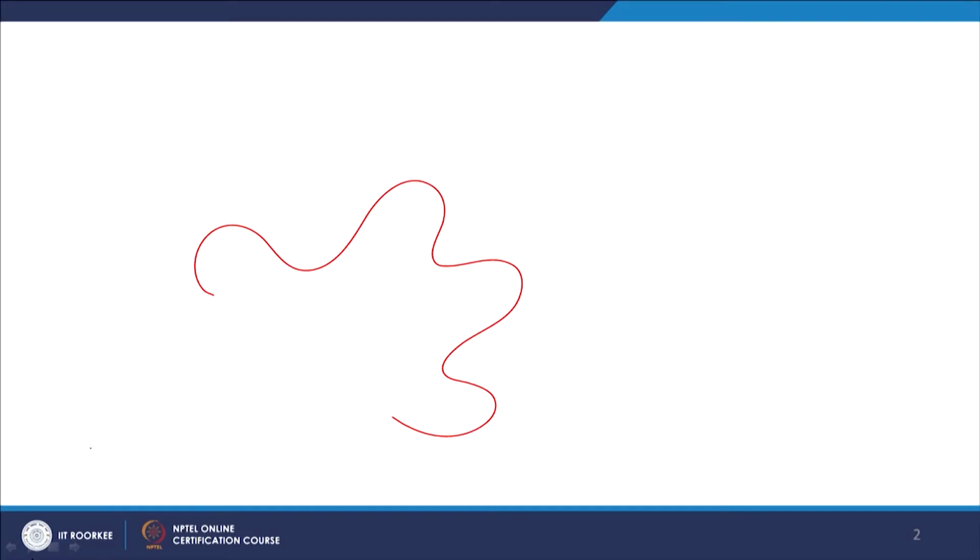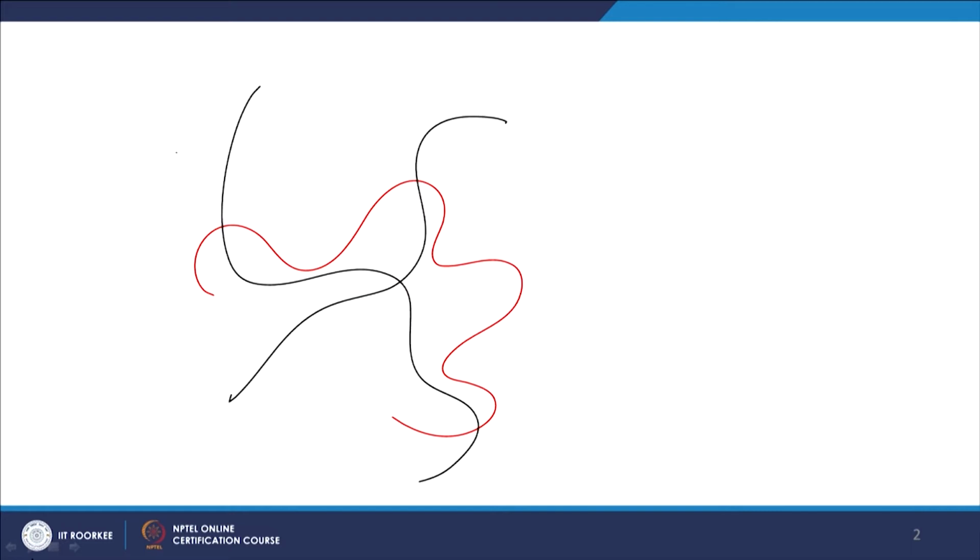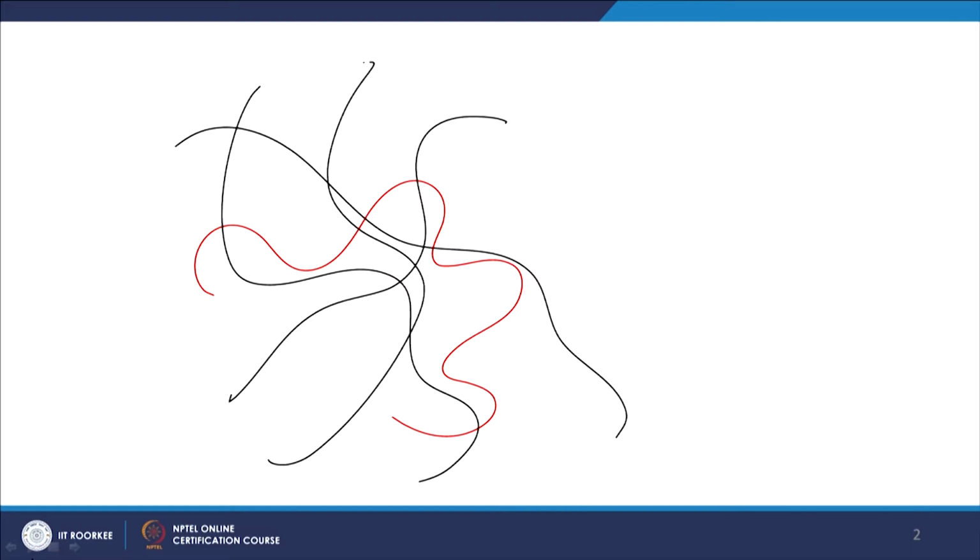In this case, let us say the red chain is my polymer that I want to move, which is in a solution of other polymer chains. We could have called each of these junctions a slip link or a junction that is temporary in nature.